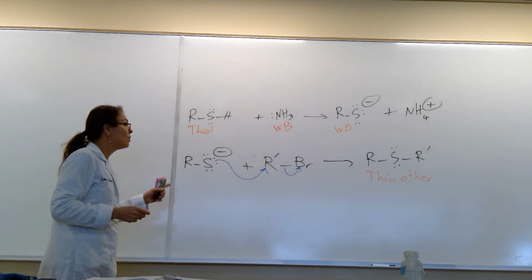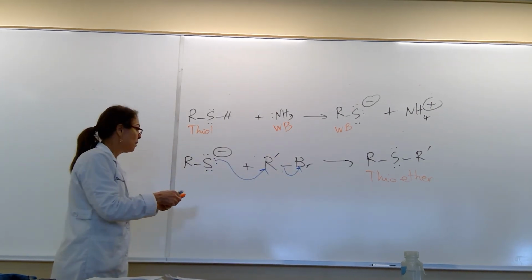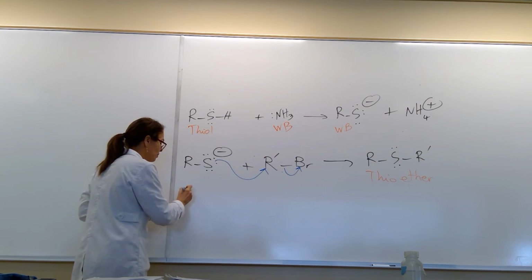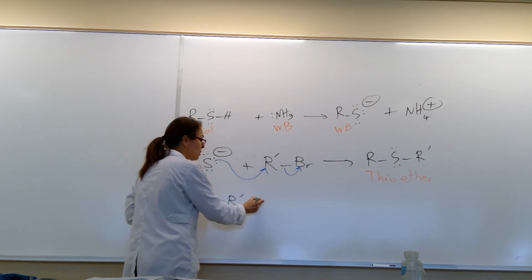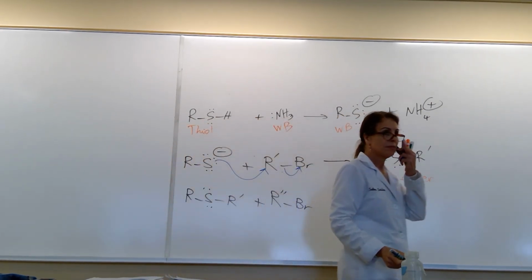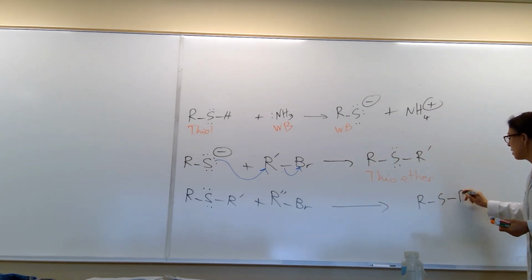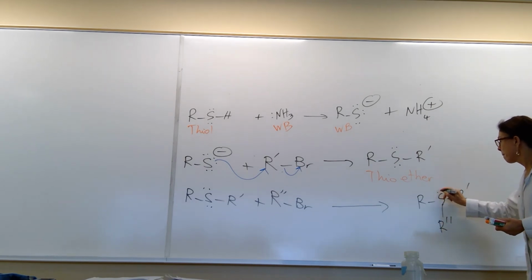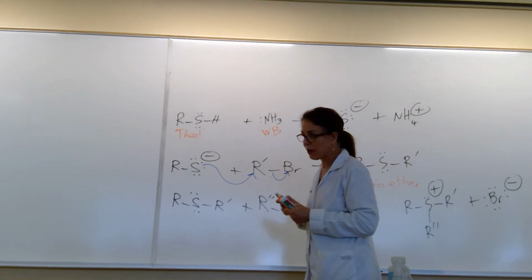Now you see that the thiol gives us the thioether. But you know what? The thioether, you can also add another alkyl halide, and it would produce R S R prime, and this is just like quaternary ions.